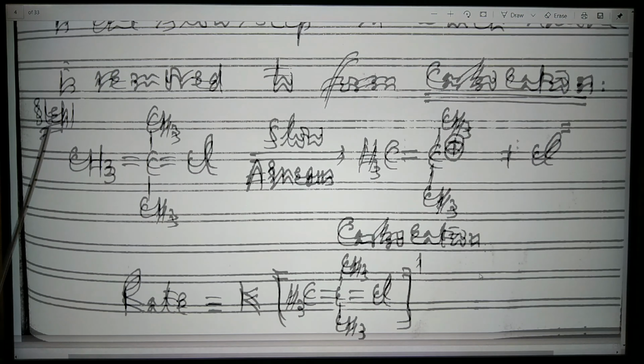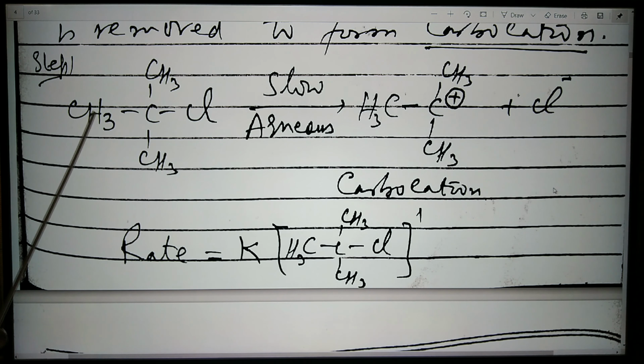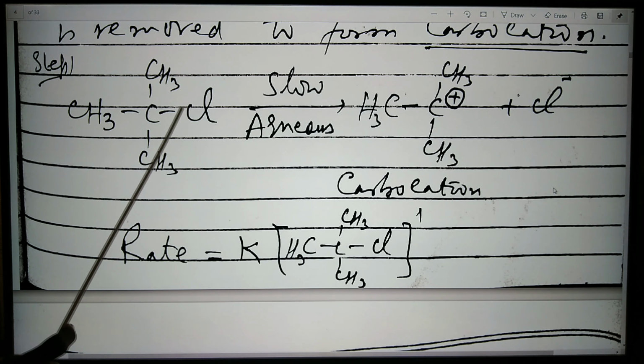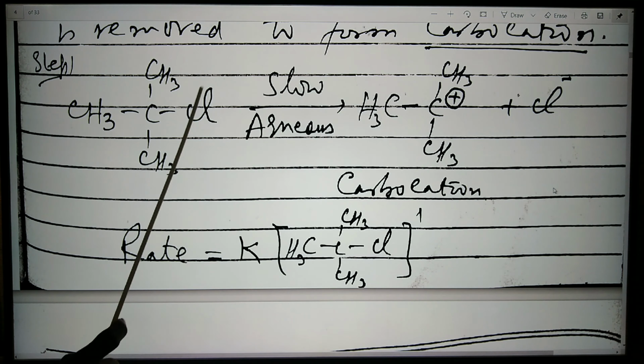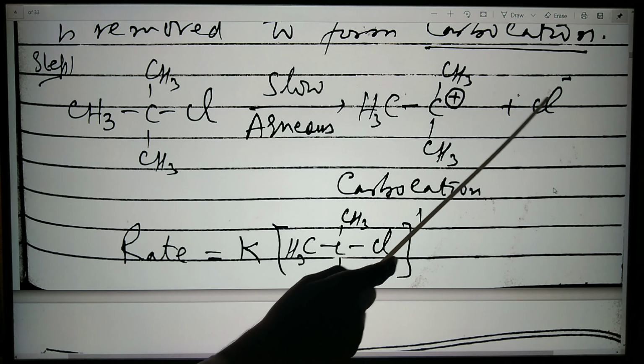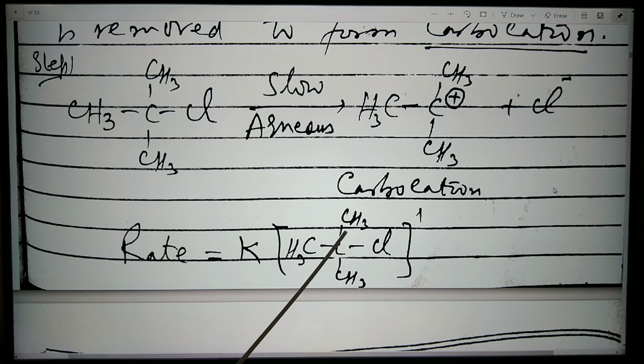So in step 1, for example, (CH3)3C-Cl, this is the slow step. The medium is aqueous. As the Cl is removed, the carbon attains the positive charge, so it is called the carbocation.